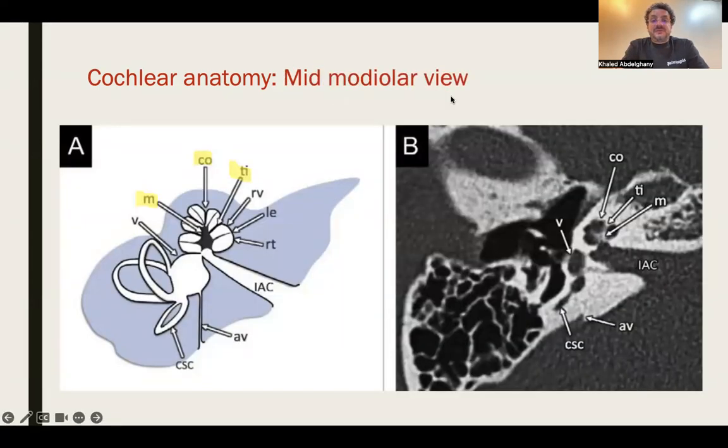The mid-modular view shows the internal auditory canal entering the opening of the cochlea, which is called the cochlear aperture, and leads to transmission of the cochlear nerve through the modulus to reach the organ of Corti, which is responsible for hearing.